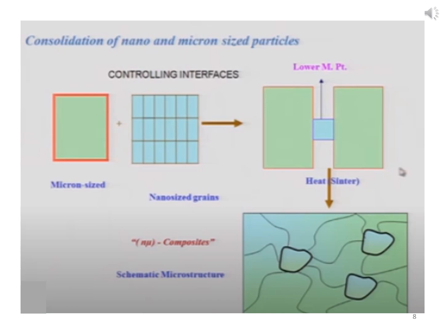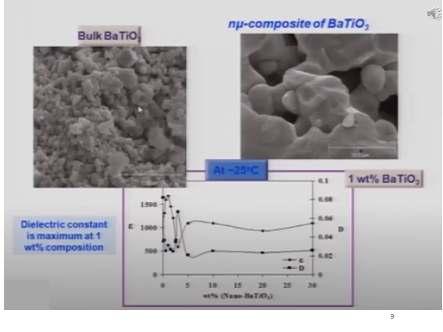These form micron sized particles. Here is the figure: on the left side is a scanning electron micrograph for bulk barium titanate, and the right side is a scanning electron microscope image for a nano-micron composite of barium titanate, where you mixed the bulk and nano material together.